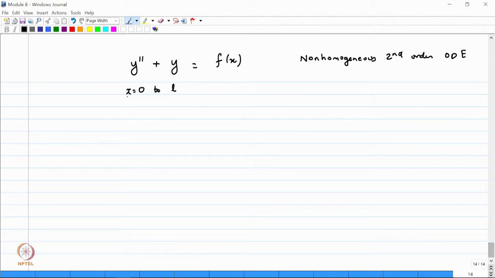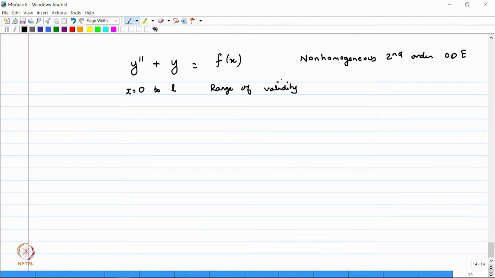So we will take from 0 to L. For convenience, this particular form of the differential equation might be valid only from 0 to L. We just consider that case.